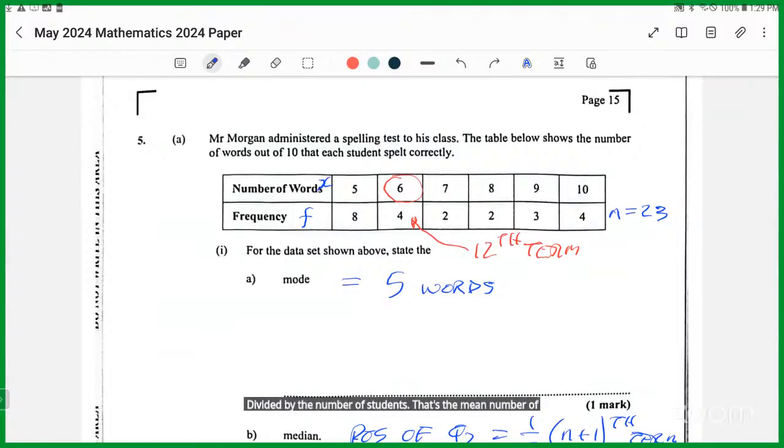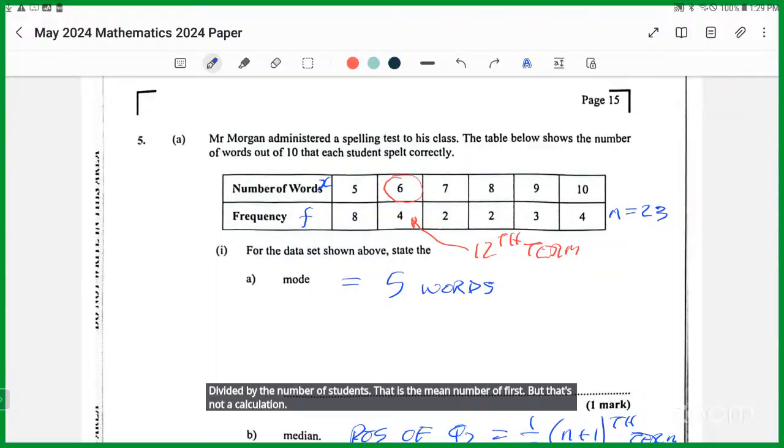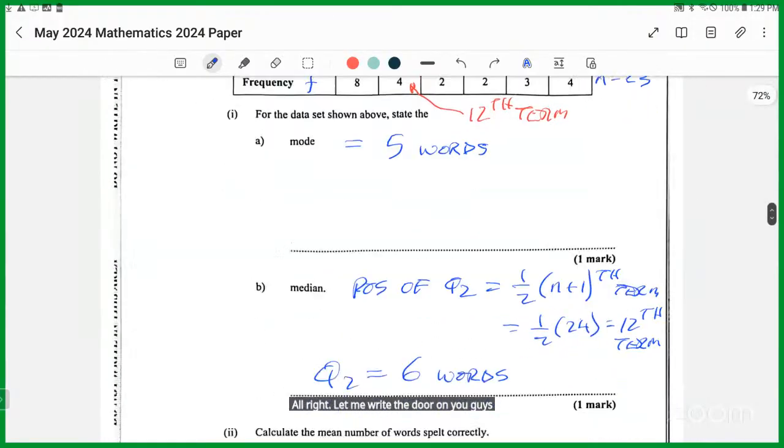But that's not a calculation. All right. So I'm writing it down here because I just want to do it on the screen and copy it down.